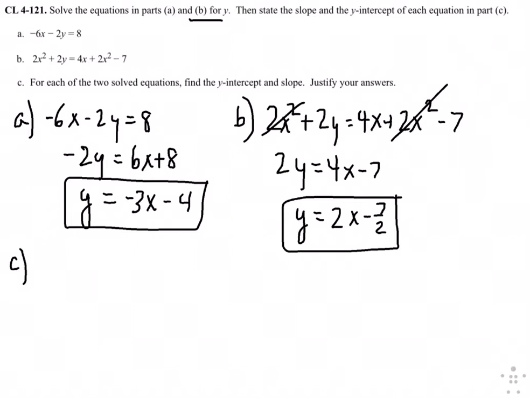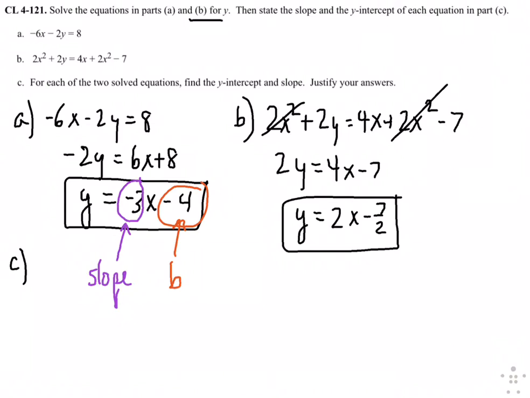I'm just going to circle them, right? The y-intercept is negative 4. And the slope is negative 3, right? Slope and y-intercept, or b, right?